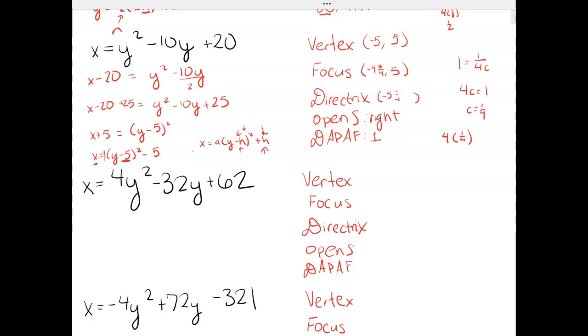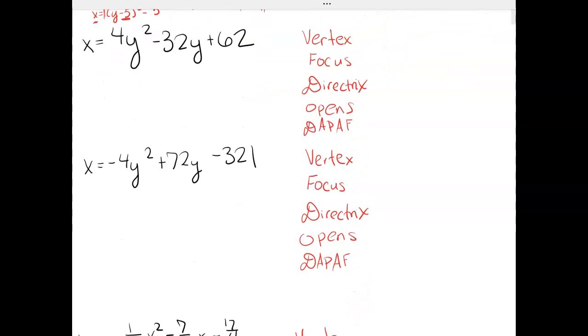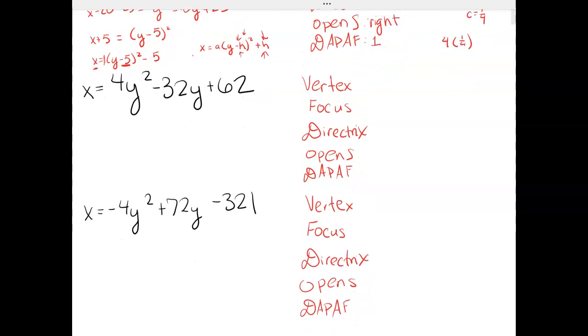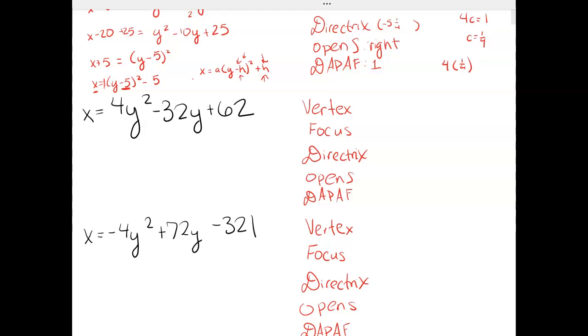Alright, and then last example that we'll do together. I've got x is equal to that mess.